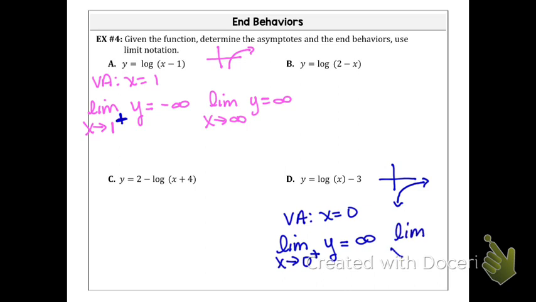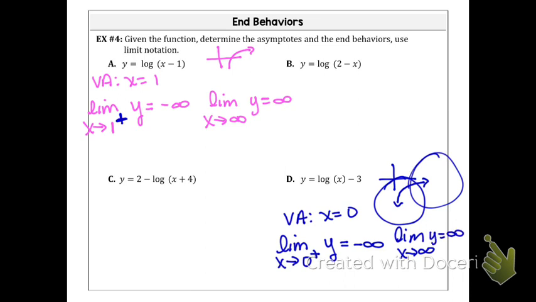And the limit as x approaches infinity, y is going to keep going up to positive infinity.